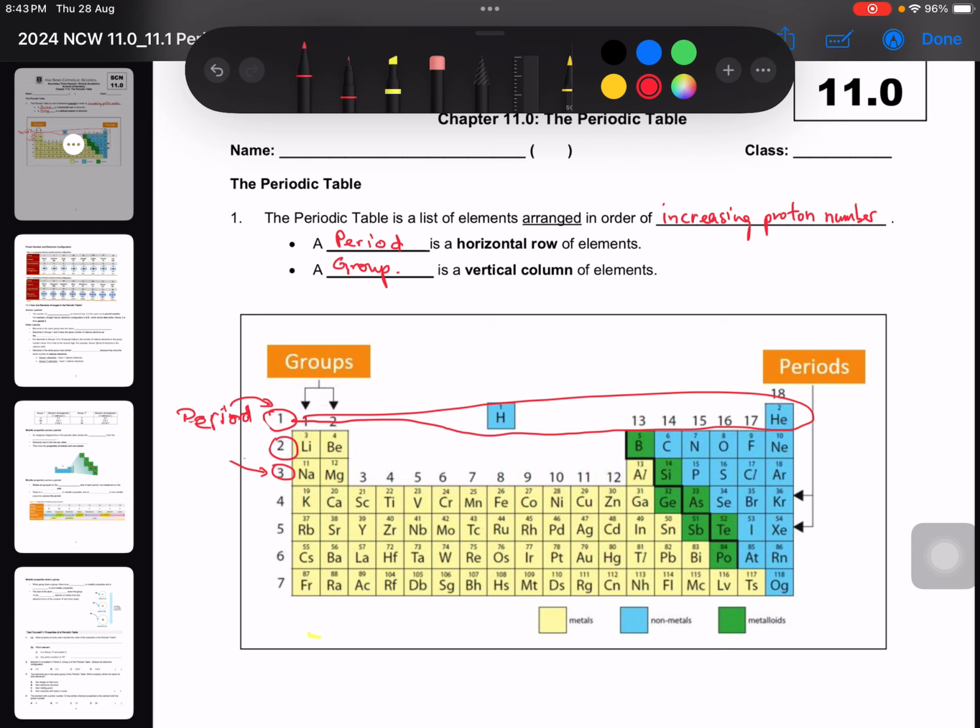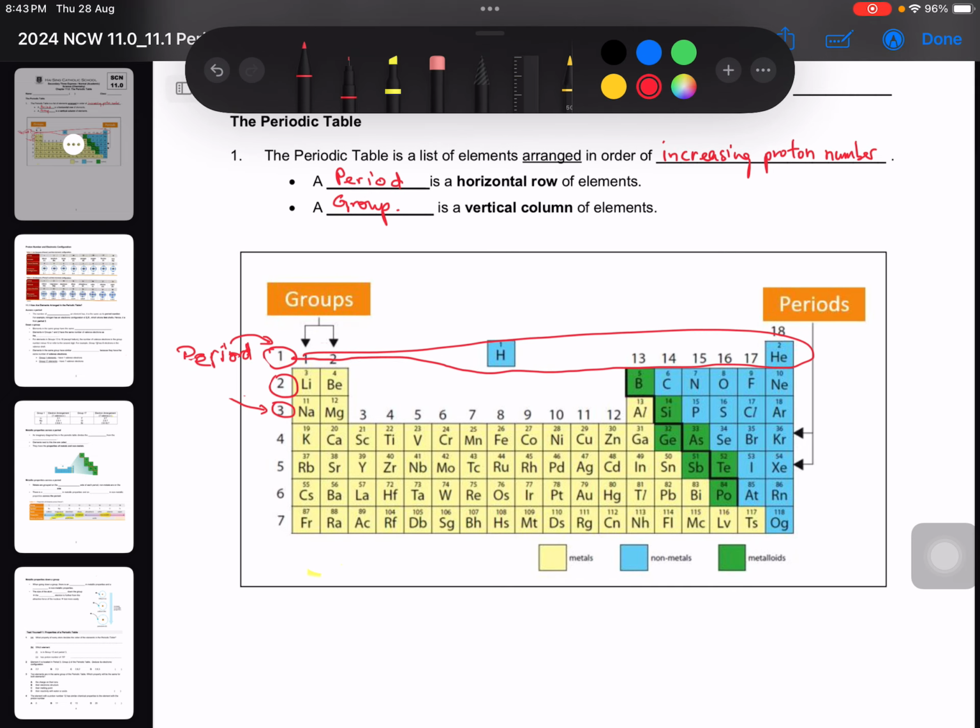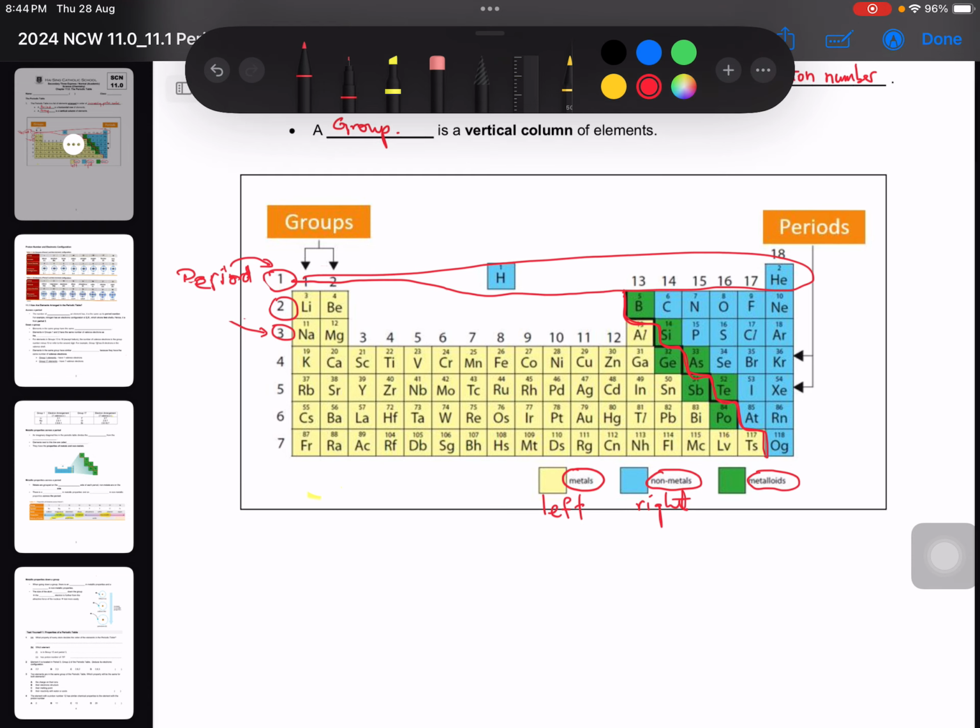Okay, next. On the left hand side, the yellow part, sorry, we have the imaginary line in between metals and non-metals. You have learned this before. This is an imaginary line which looks like a staircase. Then on the left, the yellow part are the metals. Then on the right, you have the non-metals. And then the green part, which is called metalloids. What is the meaning of metalloids?